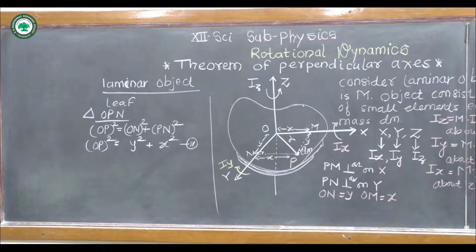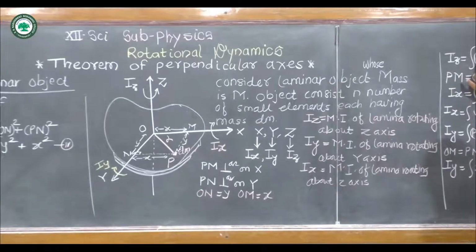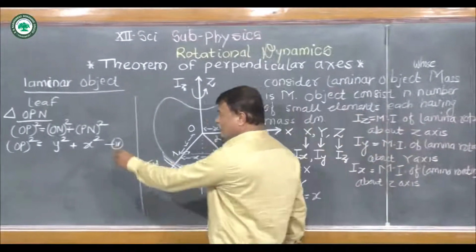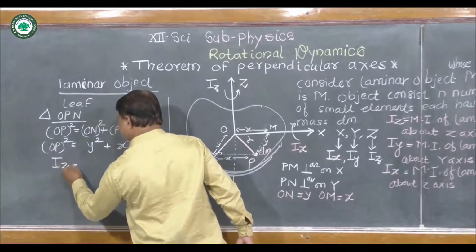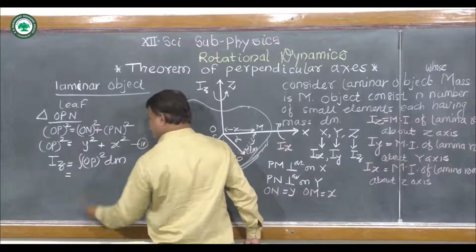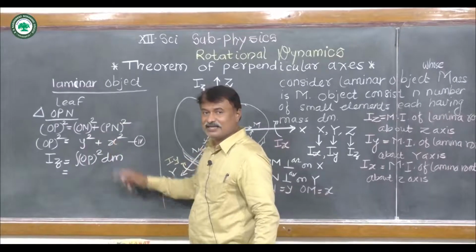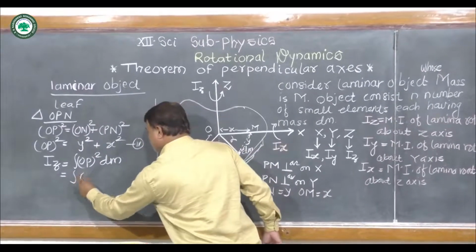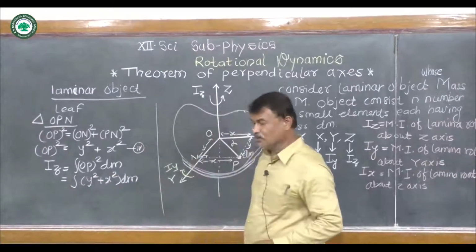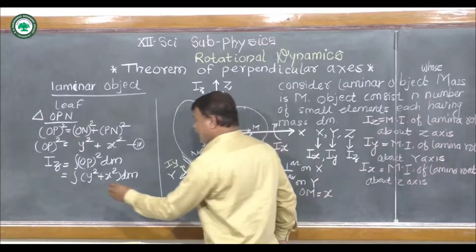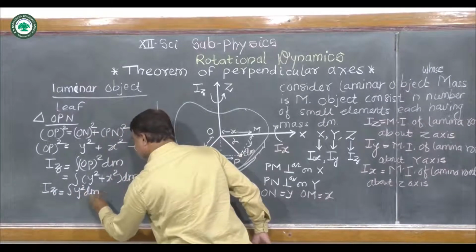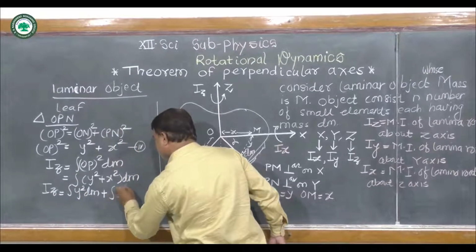Now consider equation 1. Iz is equal to integration of OP square dm. So we substitute the value of OP square from equation 4: Iz is equal to integration of y square plus x square dm. On separating the integration, we get Iz is equal to integration of y square dm plus integration of x square dm.